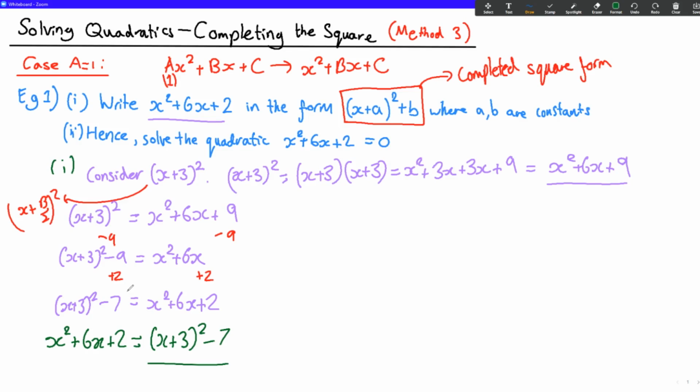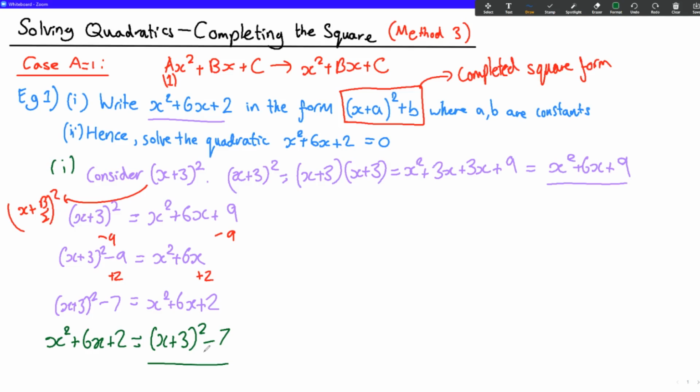So we've got it in that form, x plus a all squared plus b. Bear in mind, plus is just a placeholder. We can have negatives still because it's the same as plus minus 7.